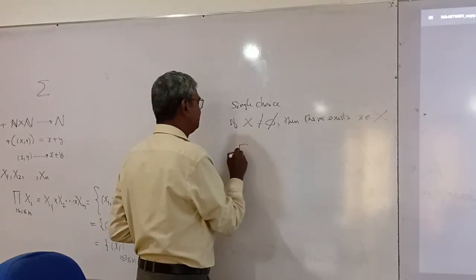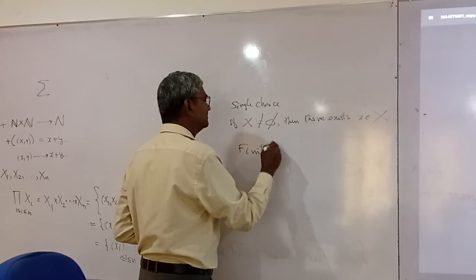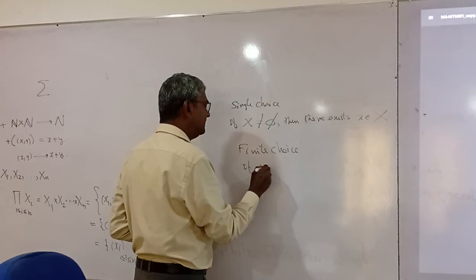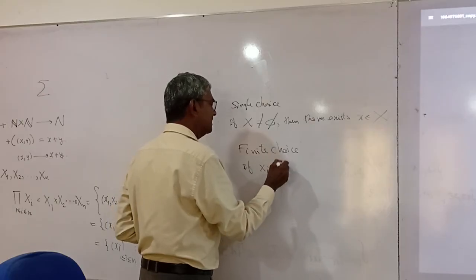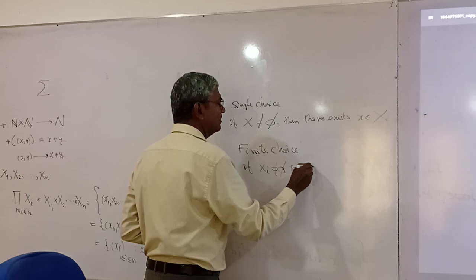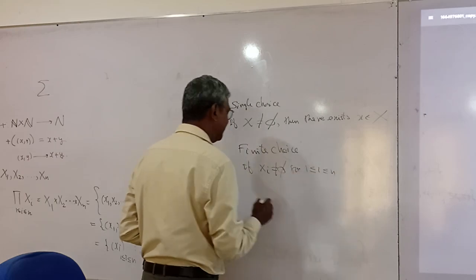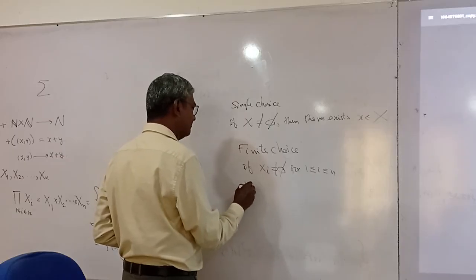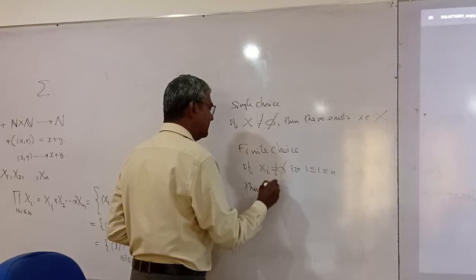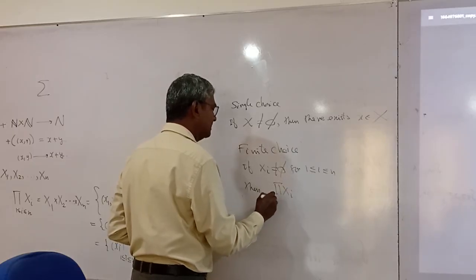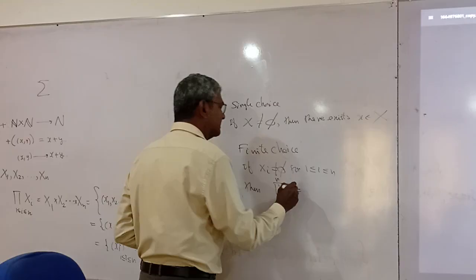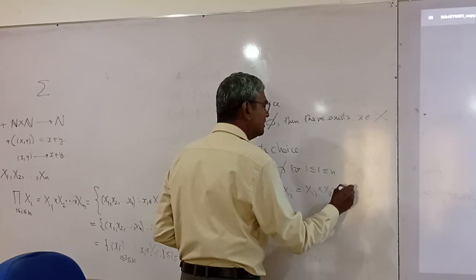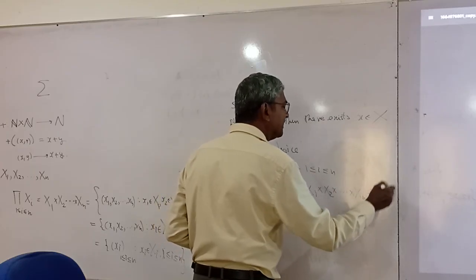Then finite choice is if Xi is non-empty for i between 1 and n, then the product of Xi, i going from 1 to n, which is X1 cross X2 cross and so on up to Xn, is non-empty.